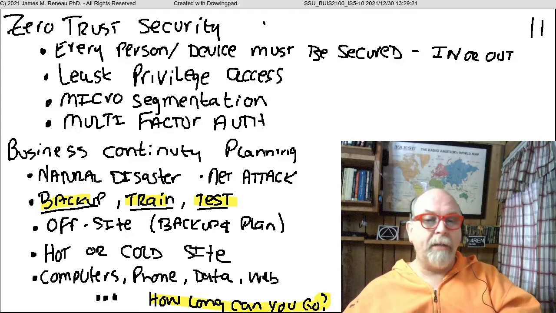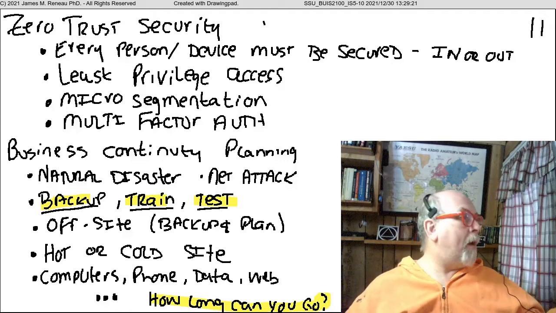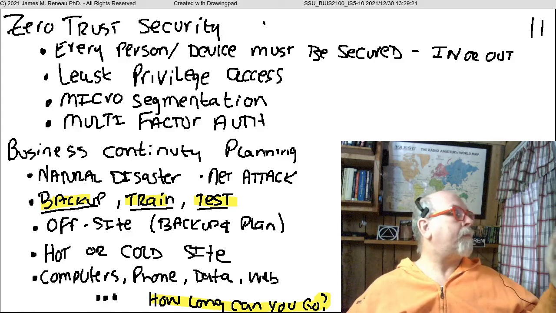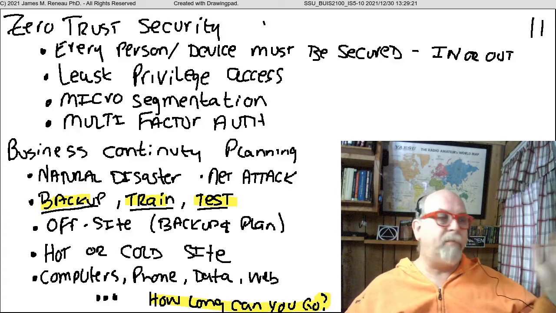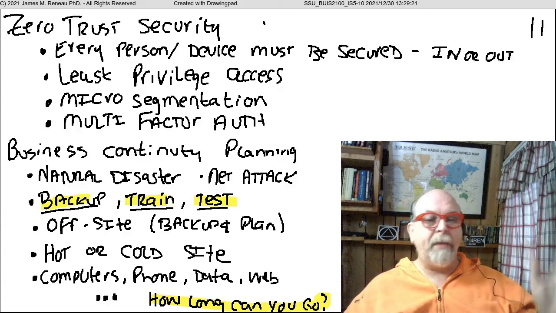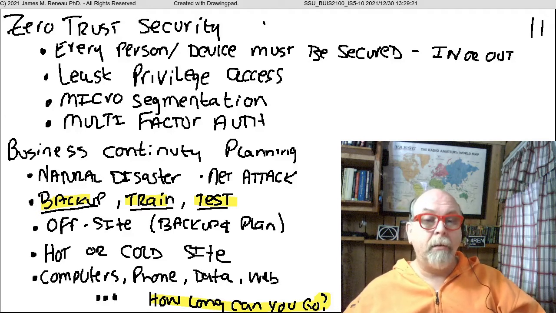Other organizations that don't need to have 100% or 99% availability may use a cold site, which is, well, we know our data's off-site. We can go get us a cloud server quickly and get the data up within 6, 12, 18 hours, and everything's going to be okay. So that's a question that you have to ask in any business continuity planning. And I hope in your other business classes you'll talk about business continuity planning. How long can you go without? How long will your business survive without?